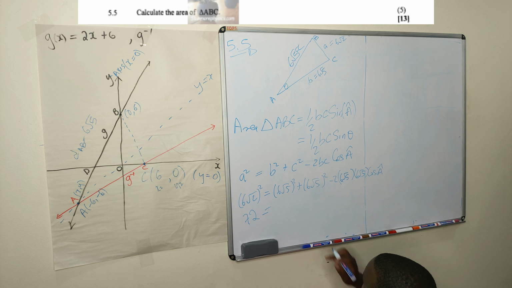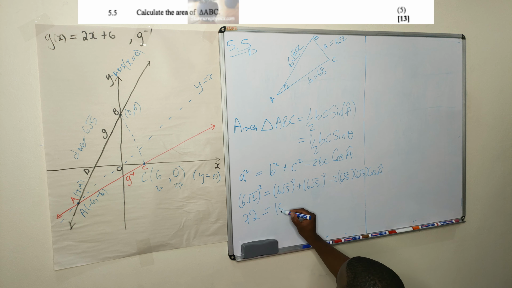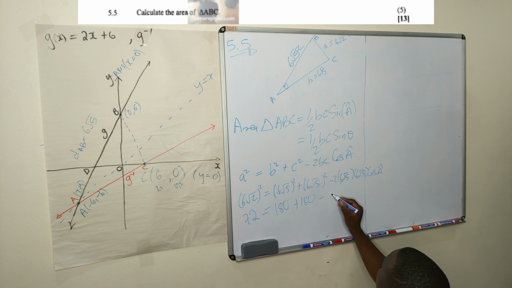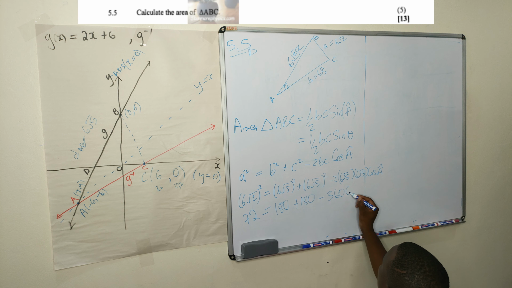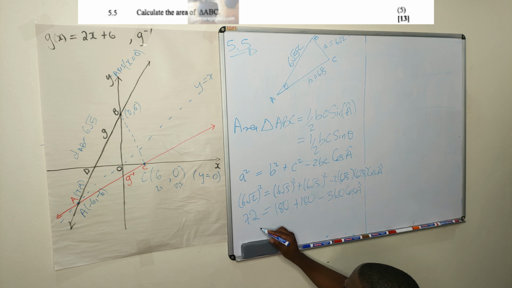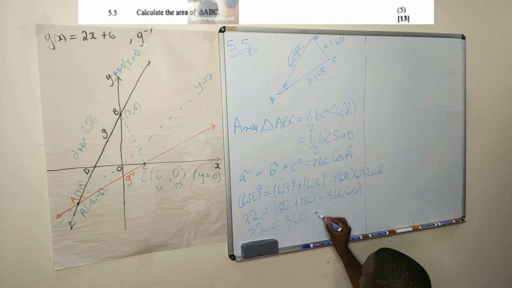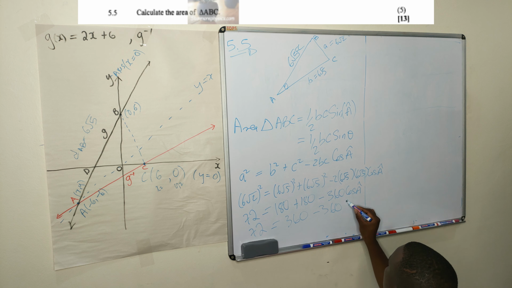What is 6 root 5 all squared? This is 180, plus another 180, minus 2 times 180, which is 360 cos A. So you want to find that angle there. So you have 72 is equal to 360 minus 360 cos A.